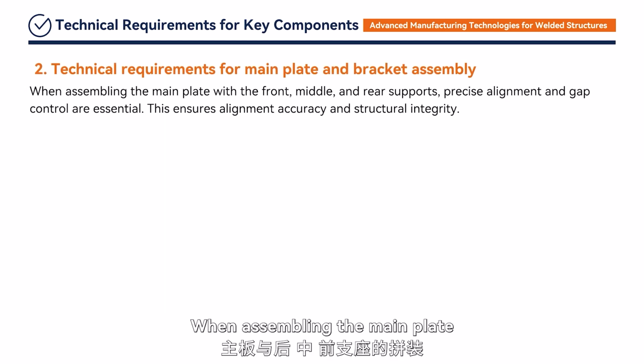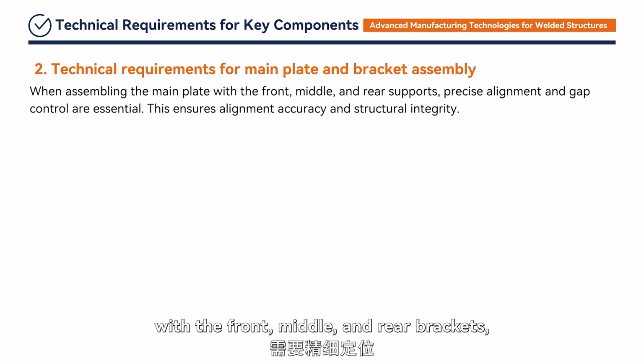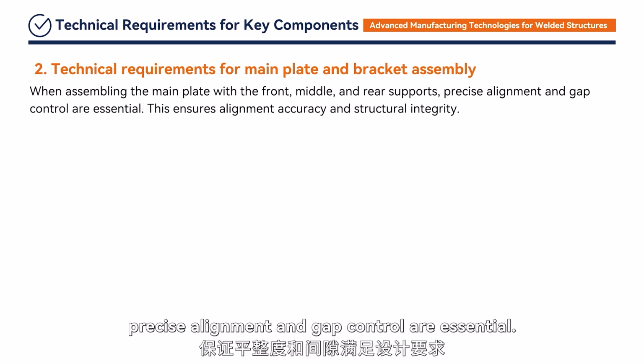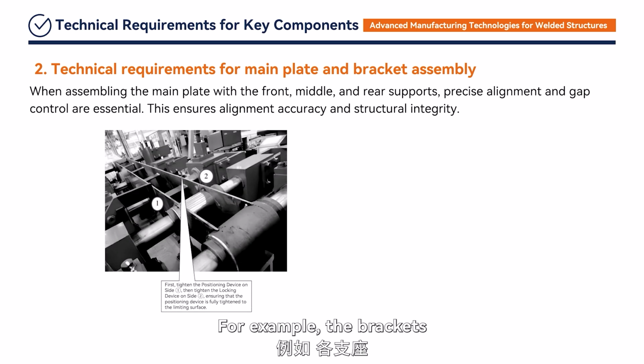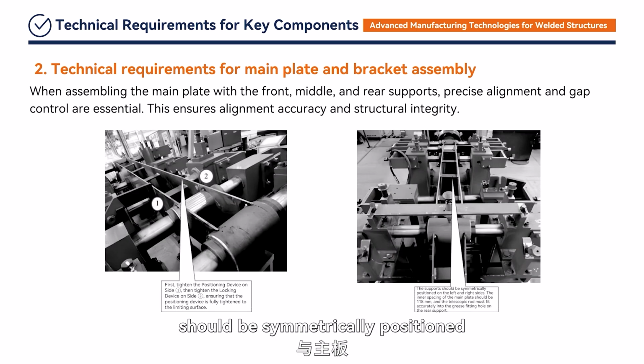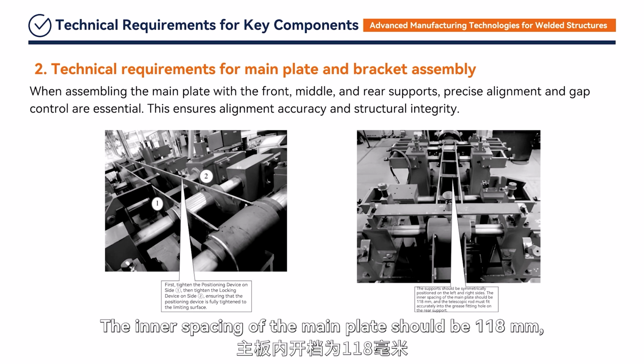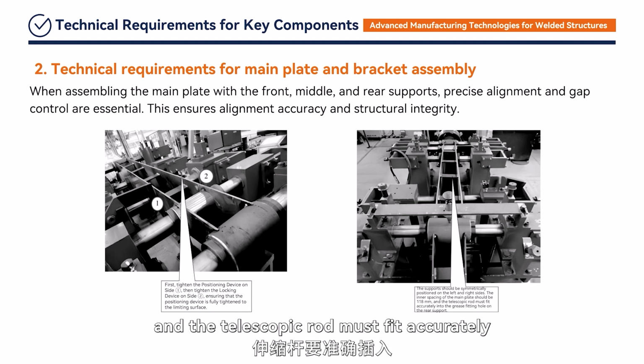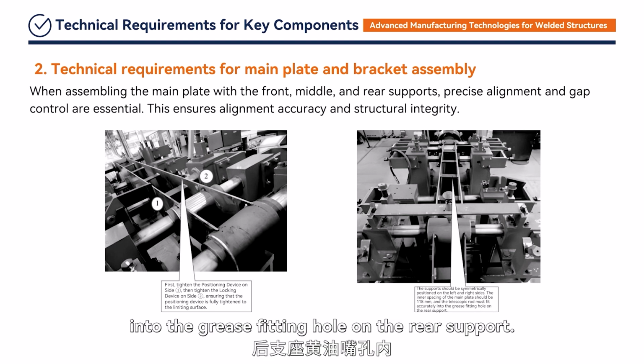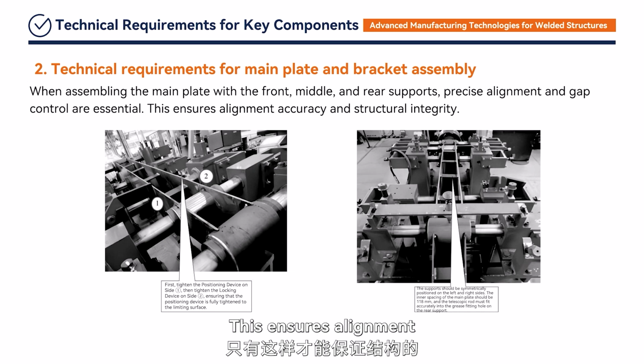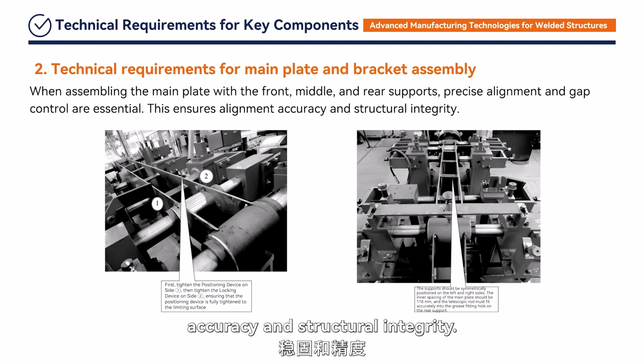When assembling the main plate with the front, middle, and rear brackets, precise alignment and gap control are essential. For example, the brackets should be symmetrically positioned on the left and right sides. The inner spacing of the main plate should be 118 millimeters, and the telescopic rod must fit accurately into the grease-fitting hole on the rear support. This ensures alignment accuracy and structural integrity.